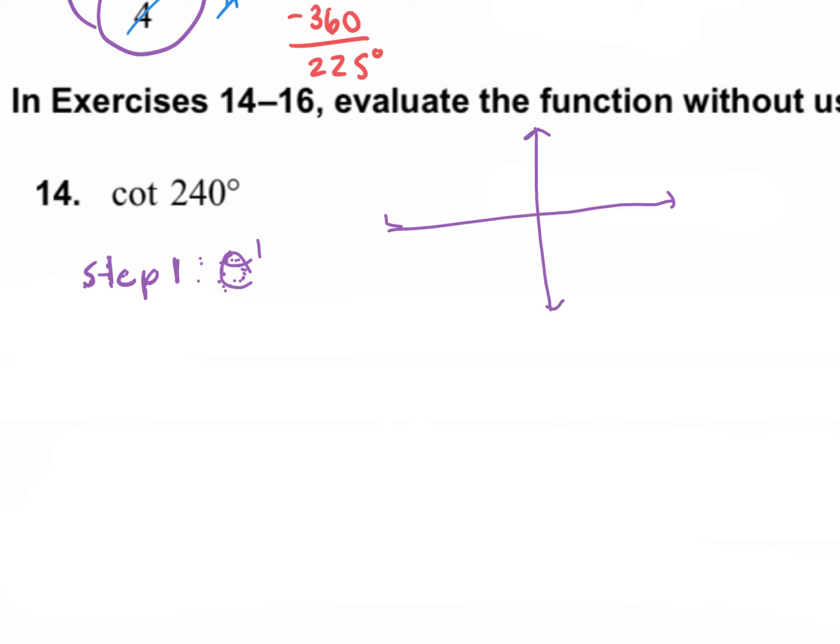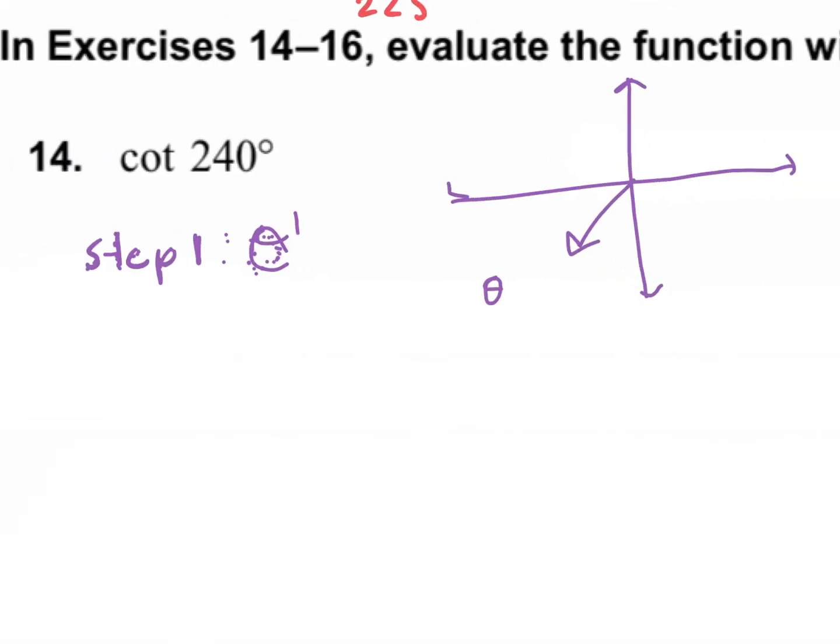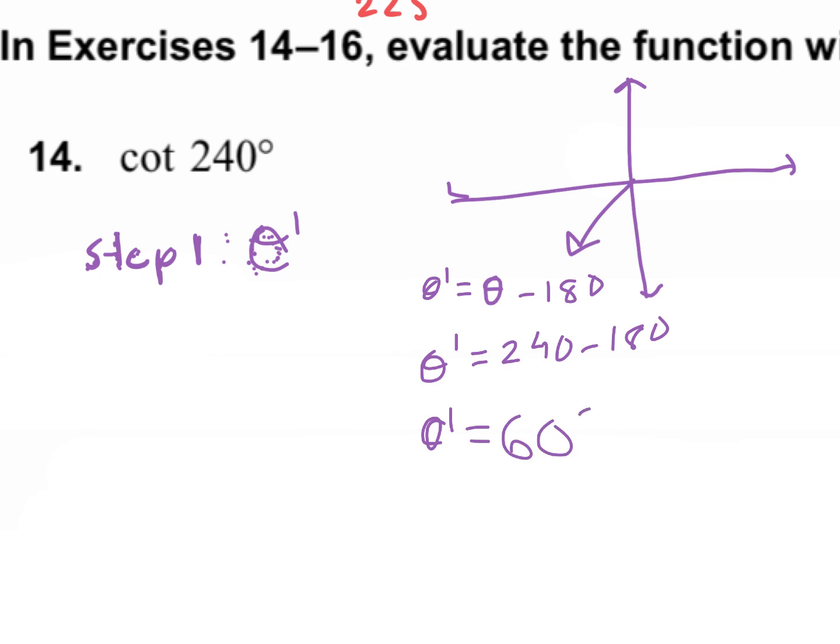Yeah, first we have to graph it. So where would 240 be? Which quadrant? The third quadrant. In the third quadrant, our formula is theta minus 180. And our theta is 240, so theta prime is equal to 240 minus 180. So theta prime is 60.